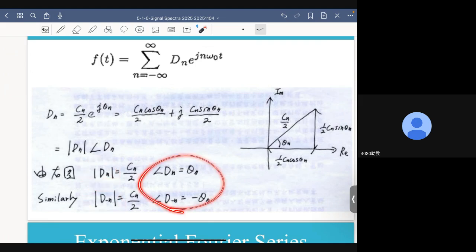Similarly, the angle of Dn, which corresponds to the phase spectrum, is an odd function of frequency, okay? Because angle Dn is actually minus angle D minus n, all right?